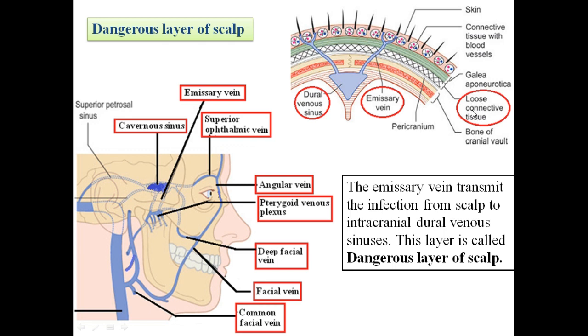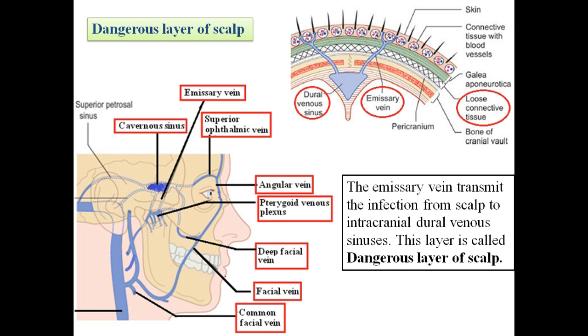You can see here, because the emissary veins transmit infection from the subaponeurotic space of the loose connective tissue to the superior sagittal sinus, then it will extend to the dural venous sinuses.